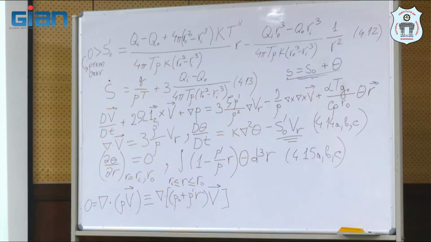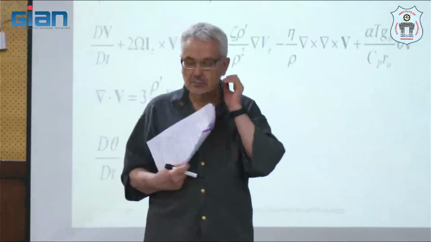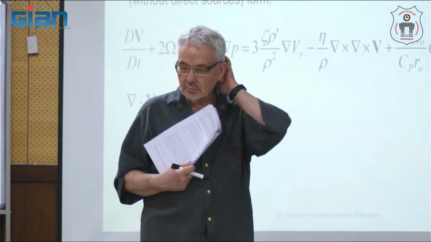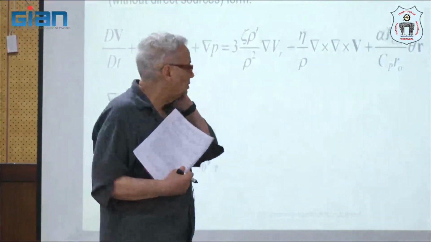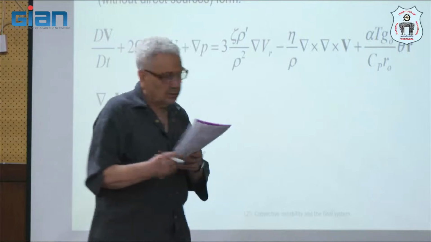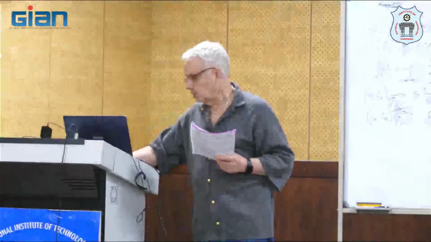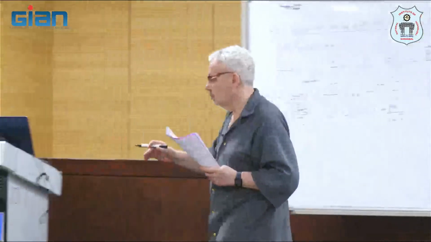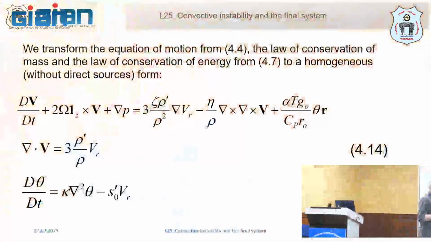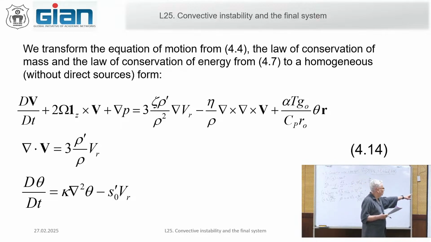Okay, one more question. Sir, previously in the basic equations of planetary convection, we neglected that term, that zeta, in the momentum equation, right-hand side first term. So in the previous slide, equation 4.14, we neglected the right-hand side first term in the basic equations of planetary convection.